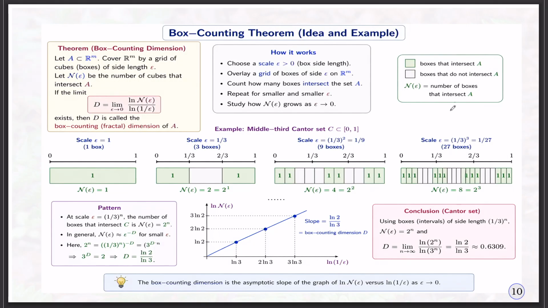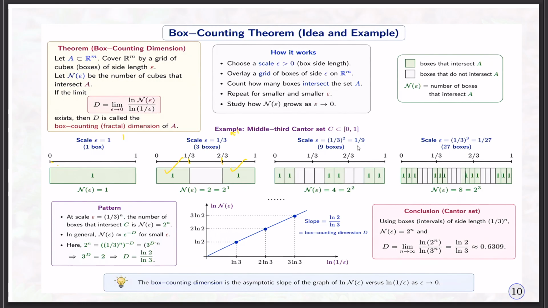Now, this is explained here. This is the mid-third Cantor set. If you take the closed interval 0 comma 1, epsilon is 1, then we need only one box. If you take epsilon as 1 by 3, that means n as 1, there are 2 boxes, and these 2 boxes are needed to cover these 2 sets.